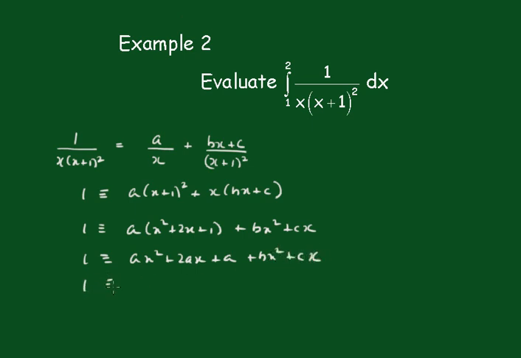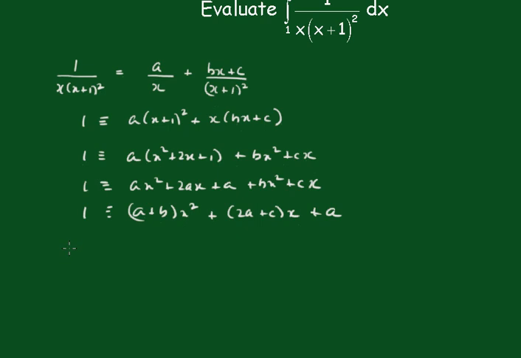So 1 equals (A plus B)x squared plus (2A plus C)x plus A. Therefore, A plus B equals 0, 2A plus C equals 0, and A is equal to 1. This implies that B equals -1, and of course, C must be equal to -2.